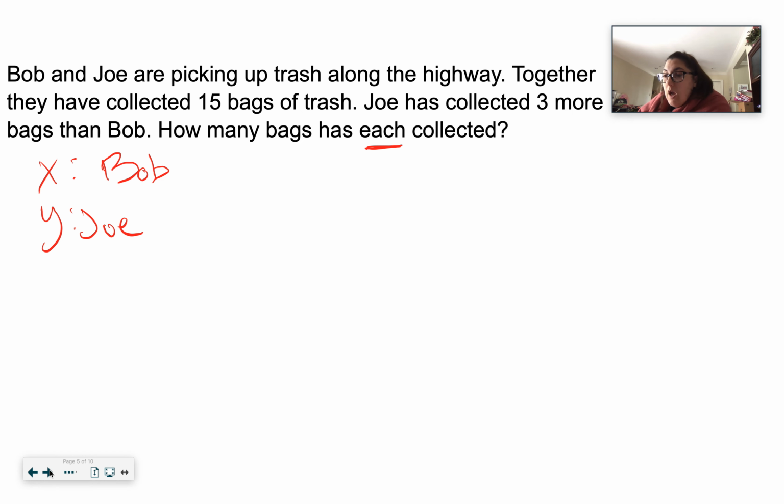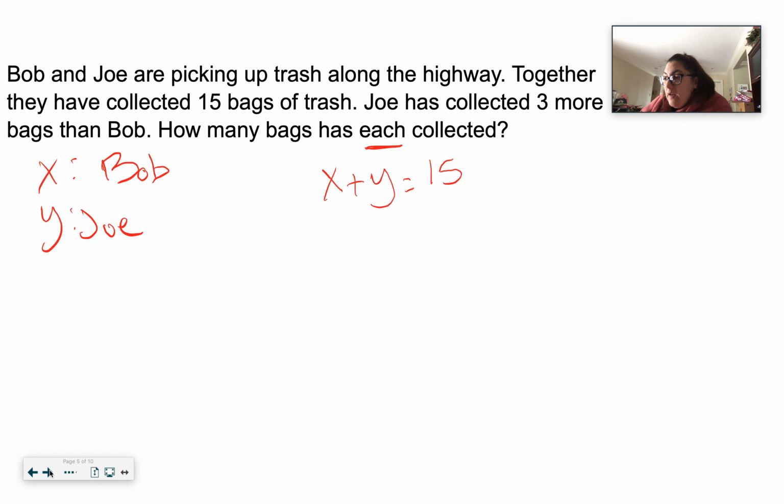Okay? So the second sentence says, together, they have collected 15 bags of trash. So what would your equation look like for that sentence right there? Okay, so your equation should look like x plus y is equal to 15.